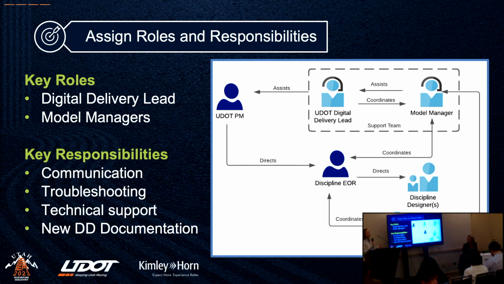That was really helpful because we were able to keep up with this communication. As we had issues throughout the project, we went to UDOT and said, how should we proceed with this? Sometimes they said, you guys can do what's best for the project team, and sometimes they said, no, this is how you need to do it. So being able to have that communication up with the DOT, but then also throughout the project team.